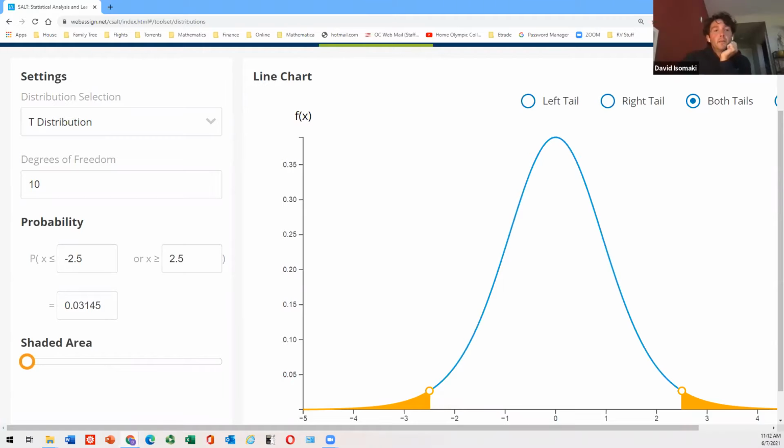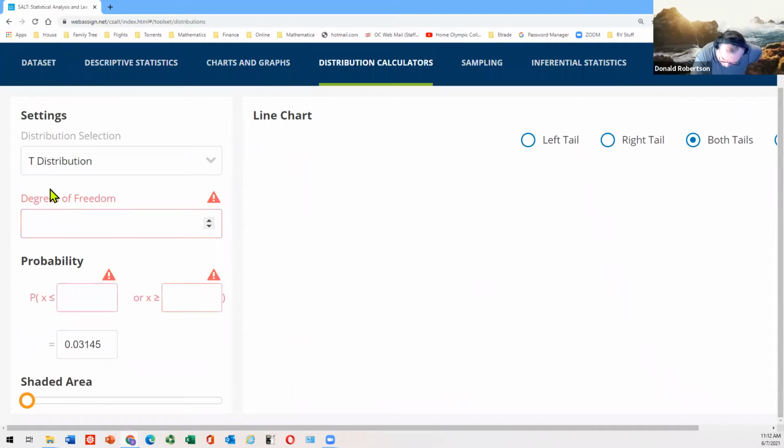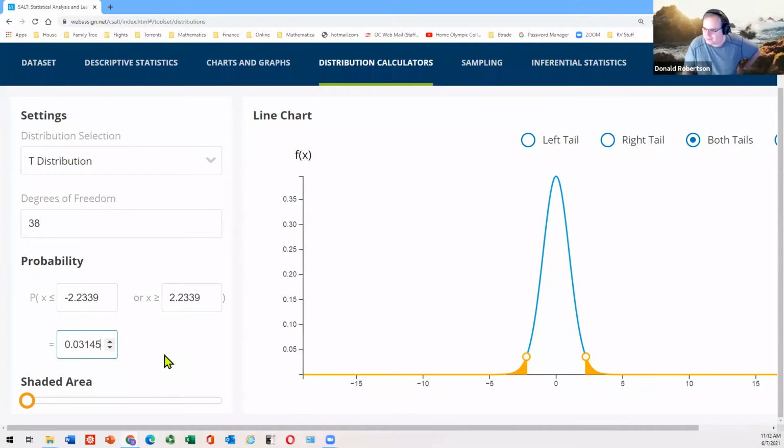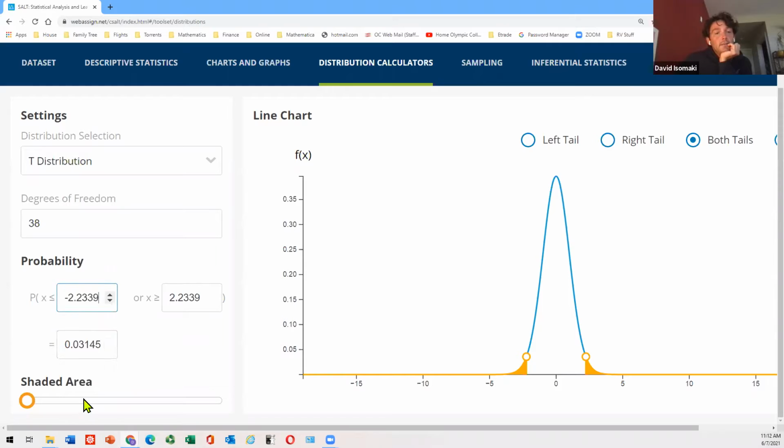We've got to put in the degrees of freedom. And the degrees of freedom are 38. That will change virtually nothing, but it could have made a big difference. But then you have to re-enter the negative. Oh, that's not good.